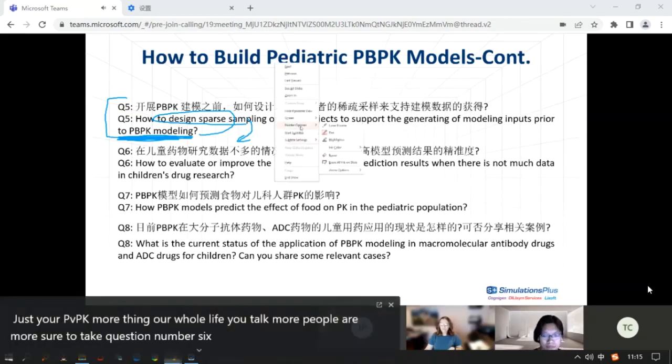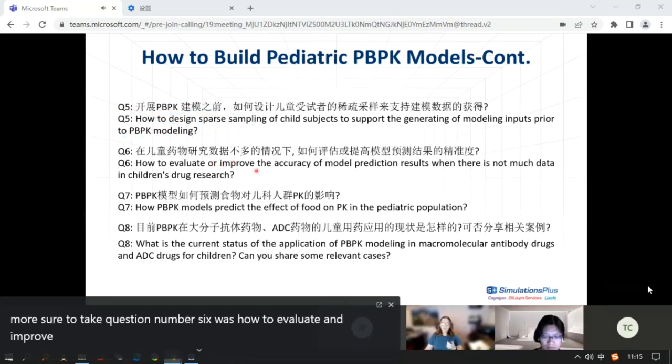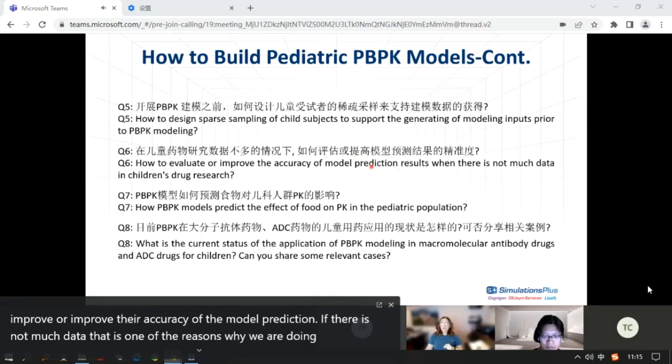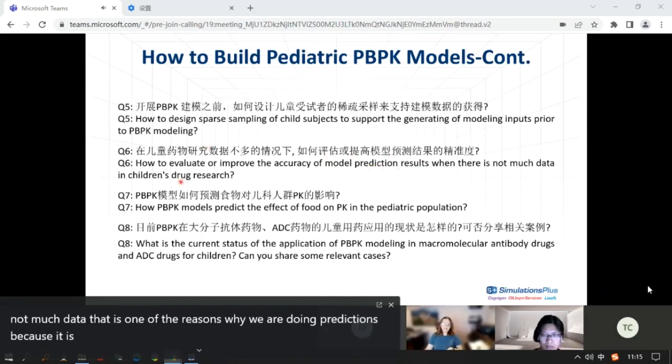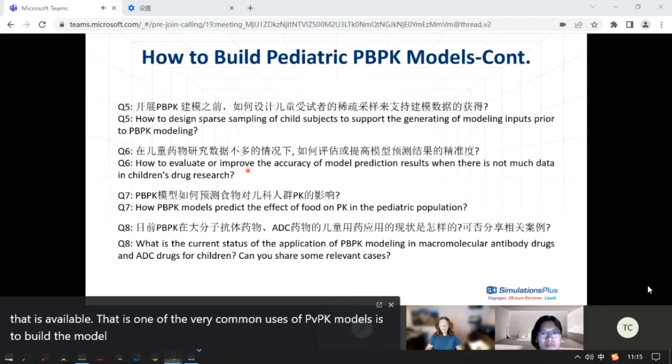Question number 6 was how to evaluate and improve the accuracy of the model prediction if there is not much data. And that is one of the reasons why we are doing predictions, because it is not easy to generate the data. You will simply use the data that is available. That is one of the very common uses of Pbpk models, is to build a model so that you can do a smaller clinical trial in children.